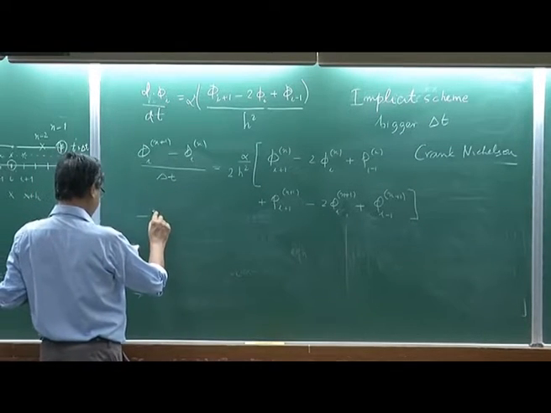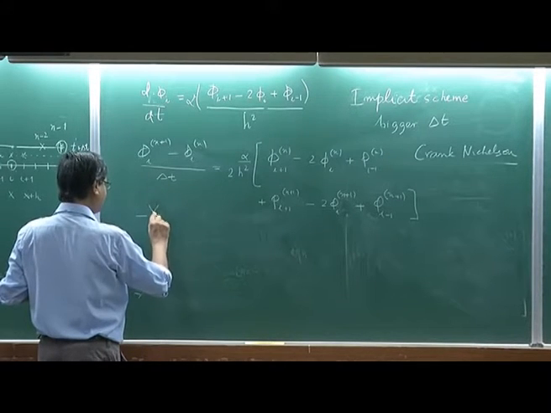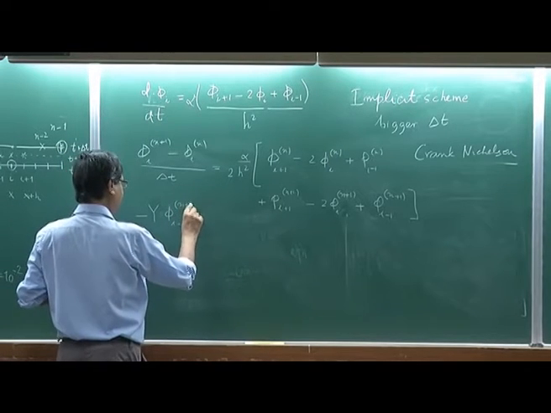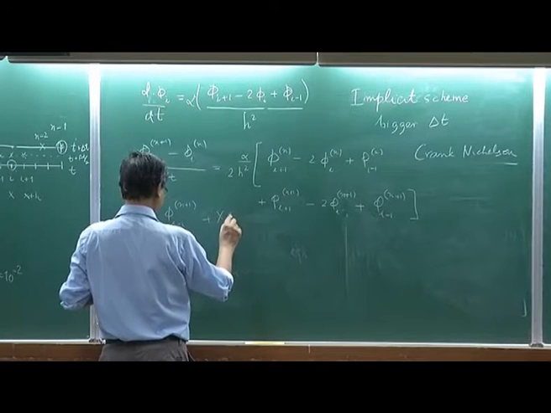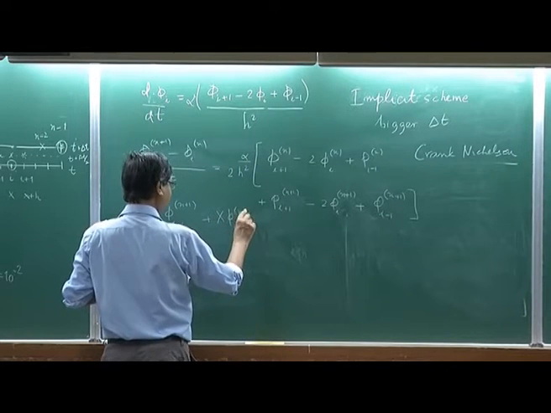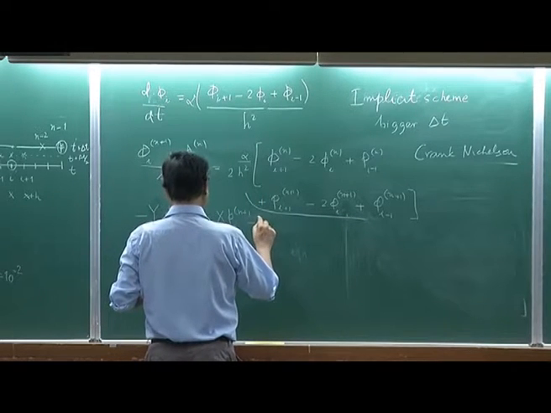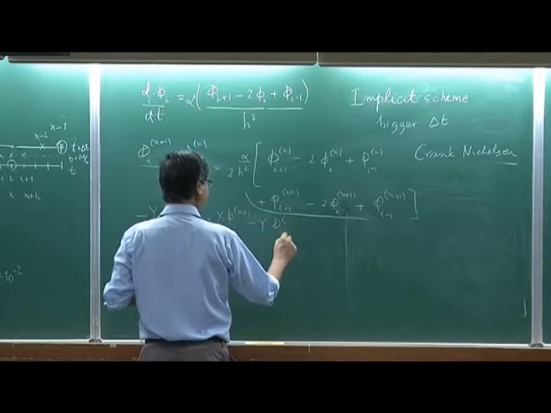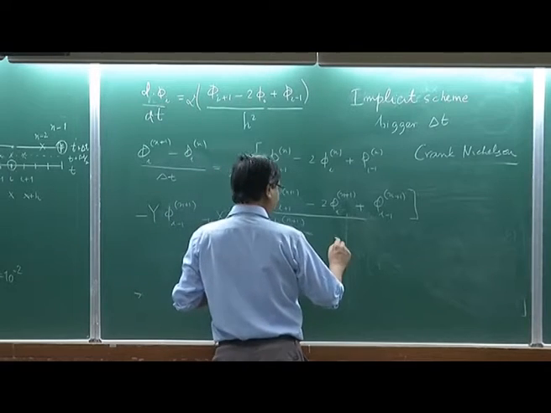So, it becomes minus y, I am going to tell you what is y in a minute, phi i minus 1 n plus 1 plus x phi i n plus 1 minus y phi i plus 1 n plus 1 equal to right hand side, which is only function of n.